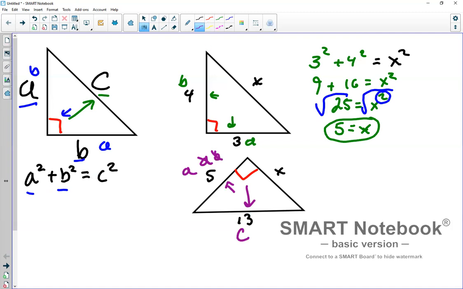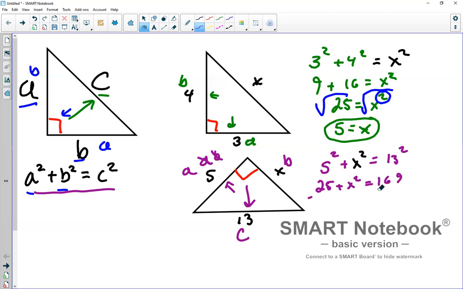So I'm going to follow this equation. A squared, or 5 squared, plus B squared, or X squared, equals C squared, or 13 squared. I guess if I call this one A, this will be B by default. Again, we do the math. 25 plus X squared equals 169.